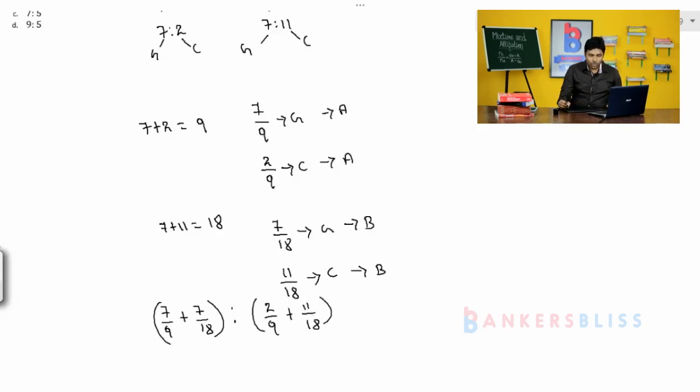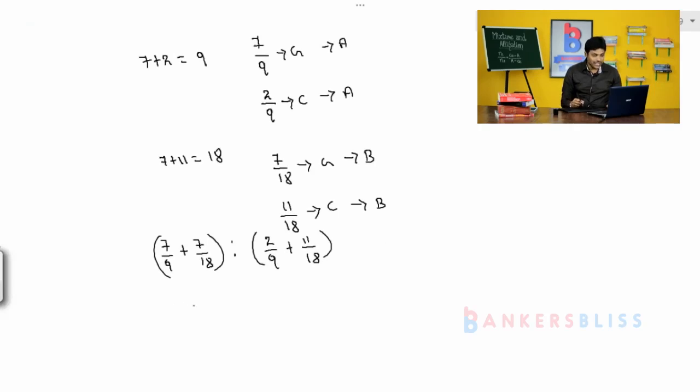So how much are you going to get? 7 by 9 plus 7 by 18, 18 is the LCM, 9 2s are 18, 2 7s are 14 plus 7. Next for the ratio, again 18 is the LCM, 2 2s are 4 plus 11.